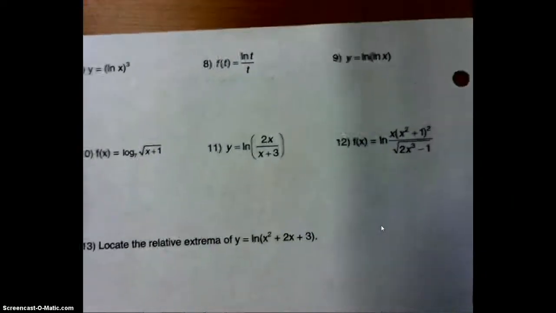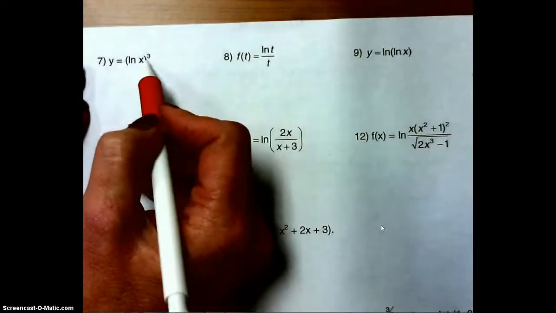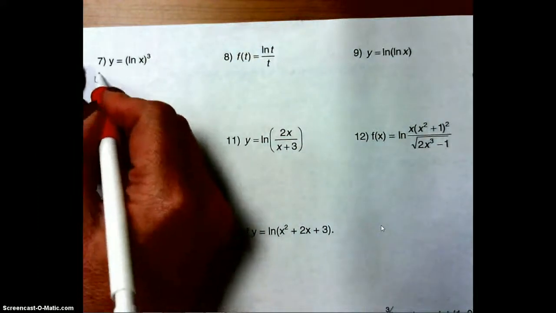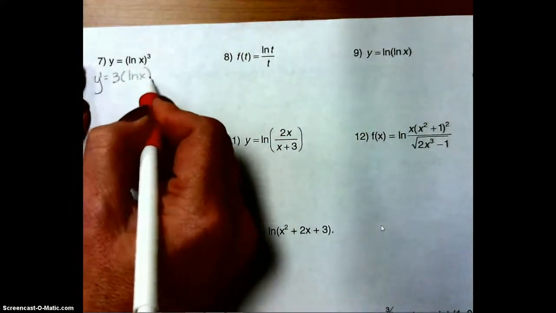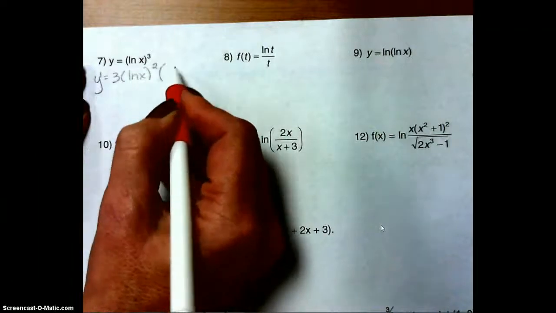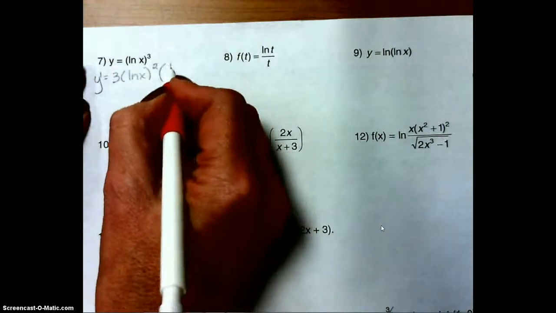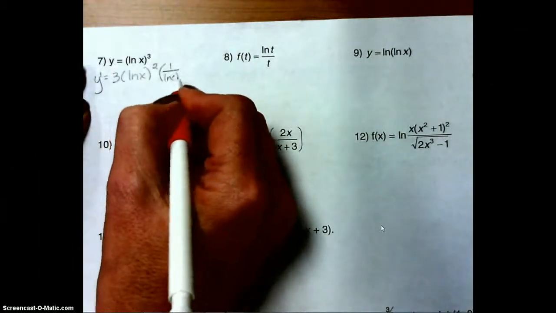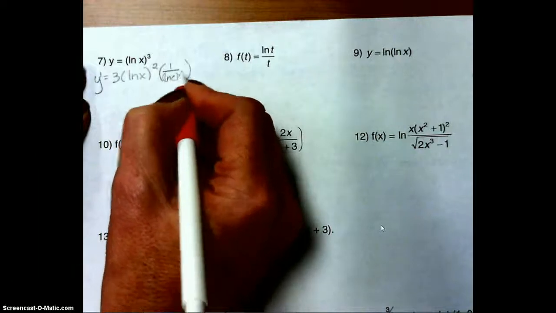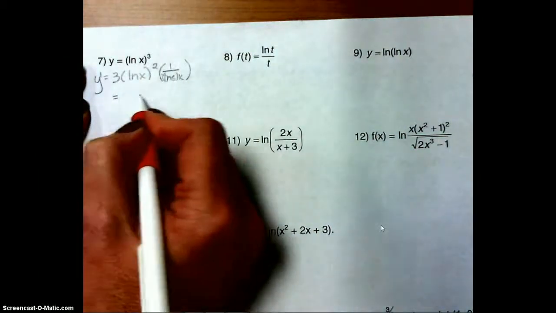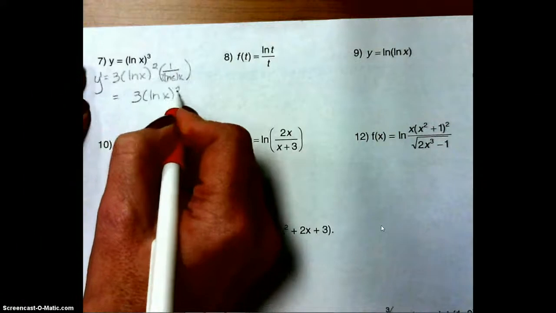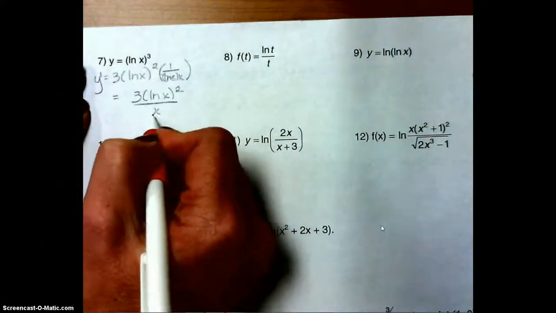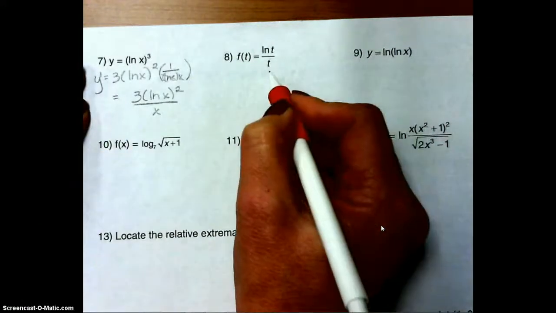Turning the paper over, here I've got a chain rule, so I'm going to take the derivative of the outside, leave the inside alone, then take the derivative of the inside, clean up what I can. So on top, my numerator is going to have 3 times ln of x squared over x. You're going to have to do a quotient rule.